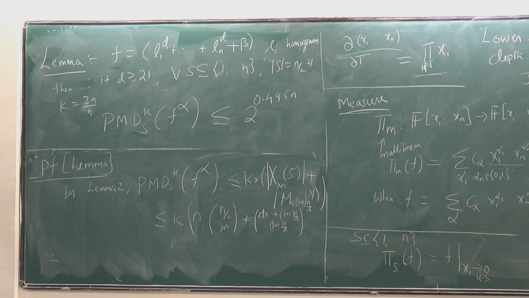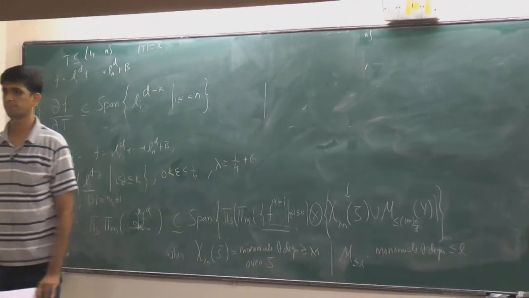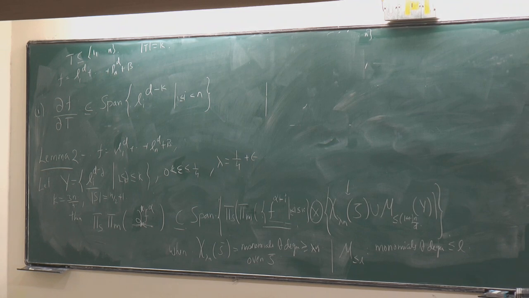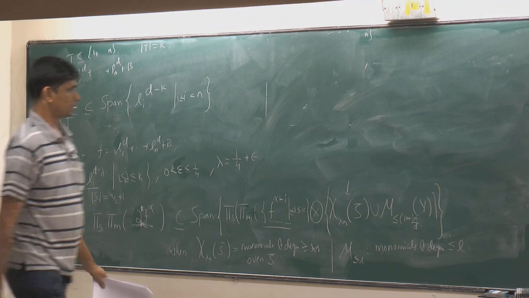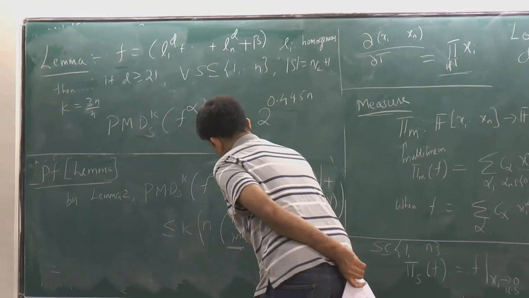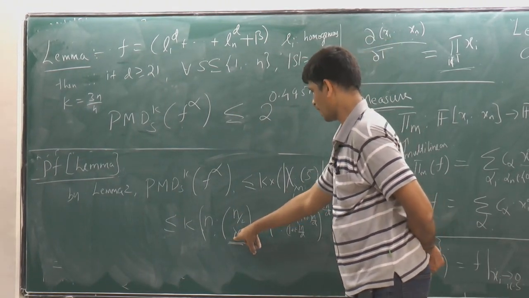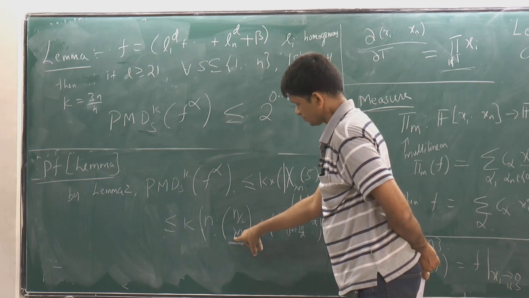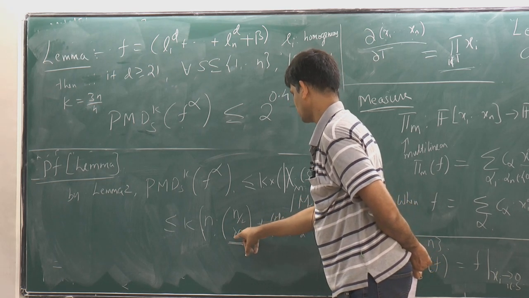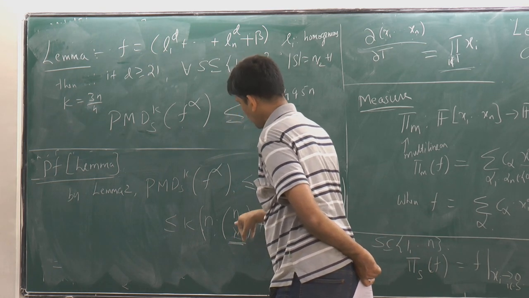So I didn't say what lambda is here. Lambda here is 1 over 4 plus epsilon, where epsilon is a value strictly less than 1/4. So this value is exponentially smaller than 2 to the n over 2, right? Because lambda n is slightly, by an additive epsilon n term, away from n by 2.